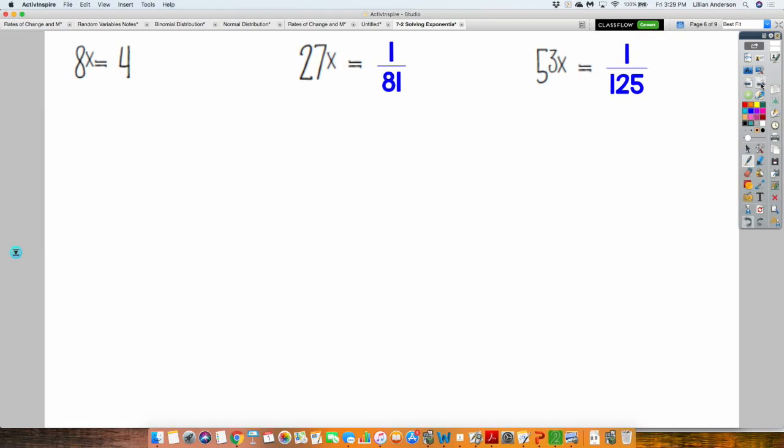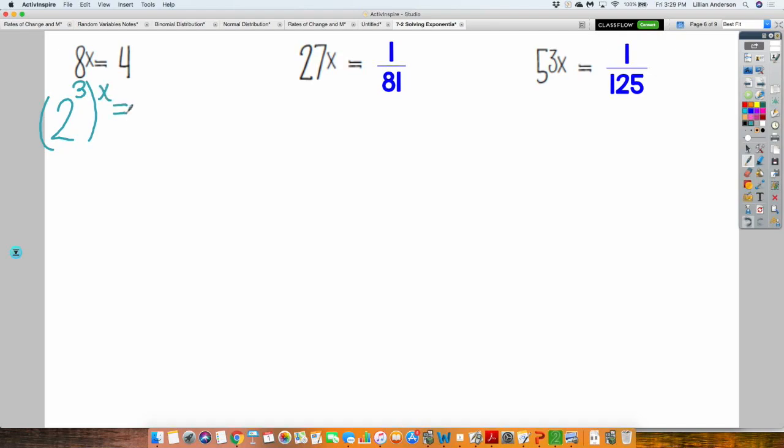If I look at 8 and 4, what is going to be that common base that 8 and 4 both have? 2. Because there's no way you can rewrite 8 as 4 to a certain power, but you can rewrite both 8 and 4 so that it's 2 to a certain power, right? 8 can be written how? 2 to the 3rd, and there's an x there.